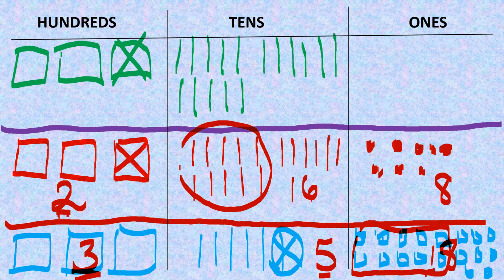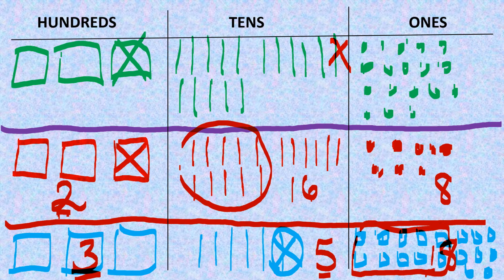Now we're also going to decompose one of those tens. So I'm going to cross out one of those tens, and we're going to decompose a 10 and give us 10 ones. So 1, 2, 3, 4, 5, 6, 7, 8, 9, 10. Now we have to have our 8 ones from 368. 1, 2, 3, 4, 5, 6, 7, 8.